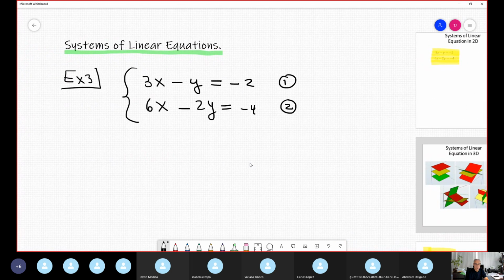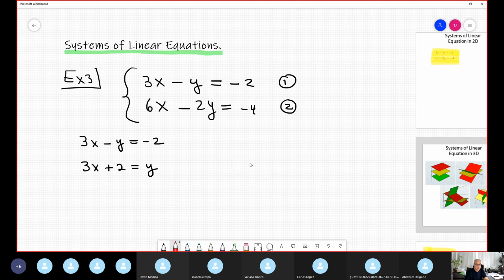Okay, in the equation 1, the coefficient in front of the y is -1. Okay, good. I like that. Therefore, I copy again the equation 1 solved for y. For example, 3x stays here, plus 2 equals y.